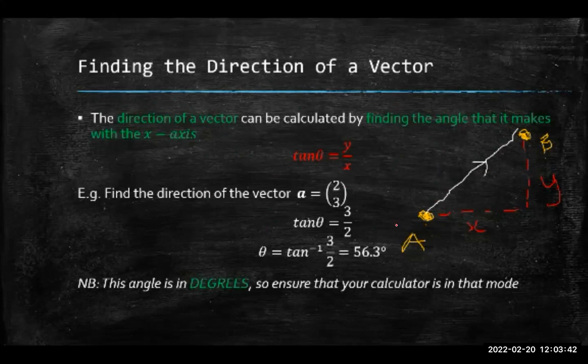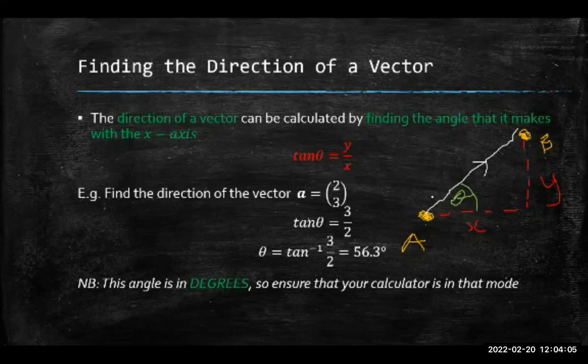What do I mean by the angle it makes with the x-axis? The angle between the vector, the arrow, and the x-axis, which would be this angle right here. The angle between the vector and the x-axis, theta.